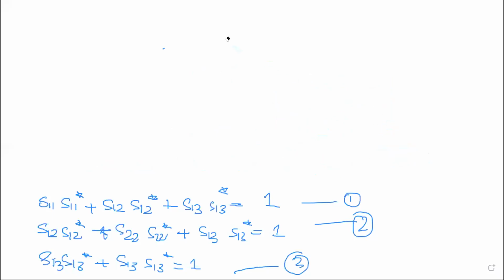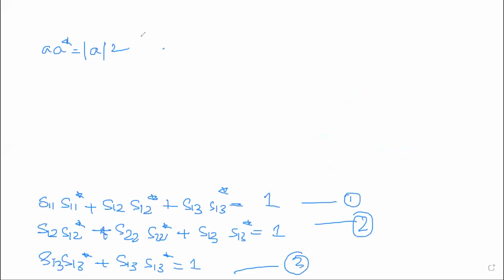What is A into A star? When you write A into A star, what is this actually? It is actually the magnitude that we take, if you remember. A and A star is nothing but the magnitude squared of that particular value.